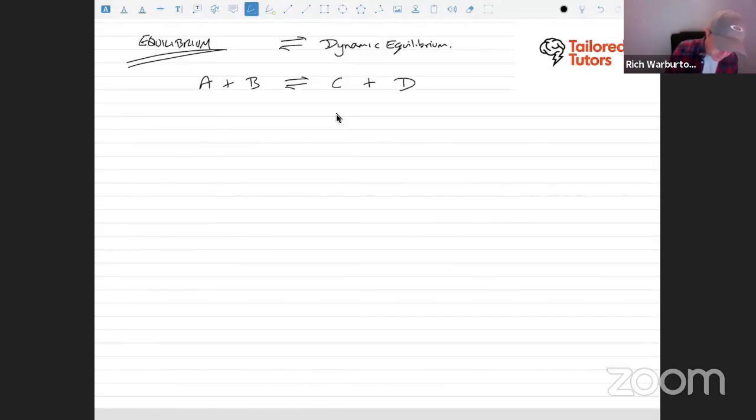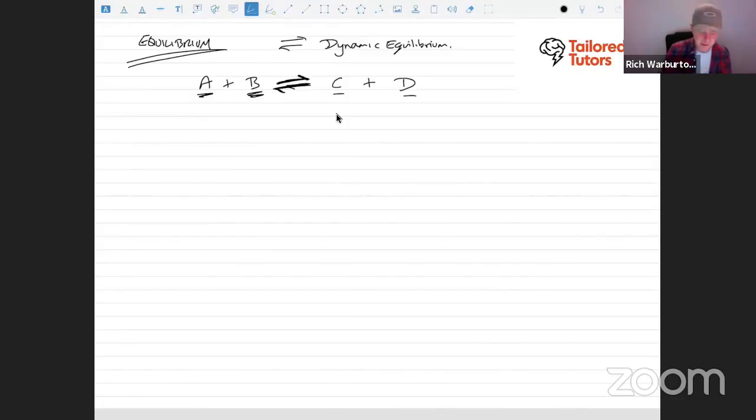Now, of course, when you start the reaction, A and B are your reactants. So when you put those in, all of your material, if you like, is composed within those reactants. Once you start the reaction, of course, this forward reaction starts and we start producing C and D. Now, as that's happening, C and D are able to actually react together and go backwards to form A and B. So the dynamic equilibrium starts to be set up almost immediately.